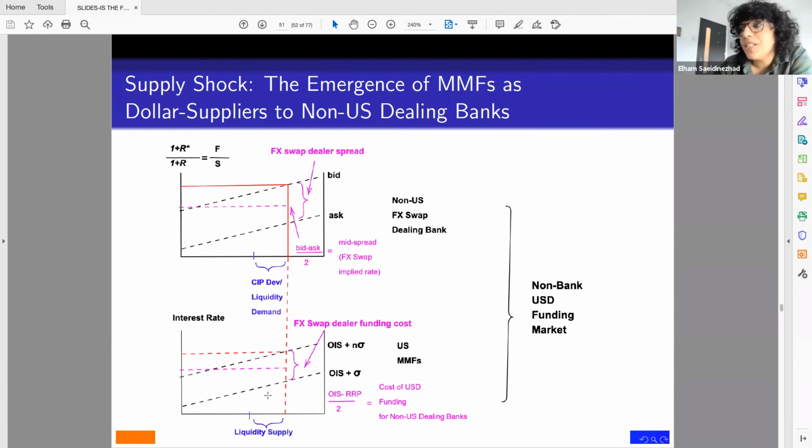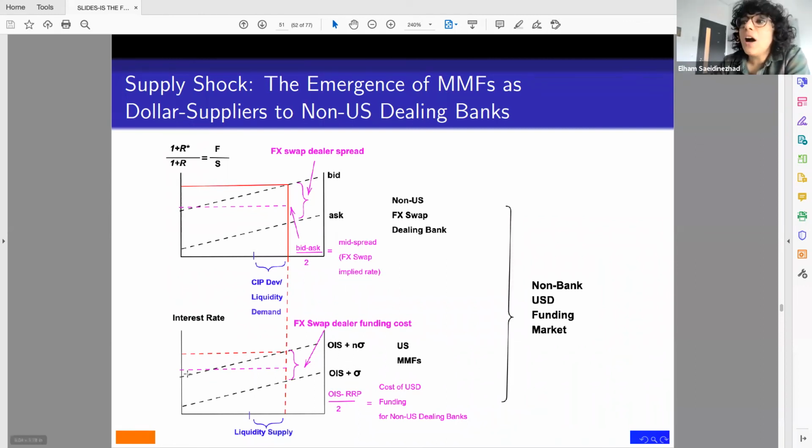So here you see that, for example, previously, this lower line basically represents the cost of the US money market funds themselves to get access to funding. And here is OIS, which is the risk-free rate plus one standard deviation.